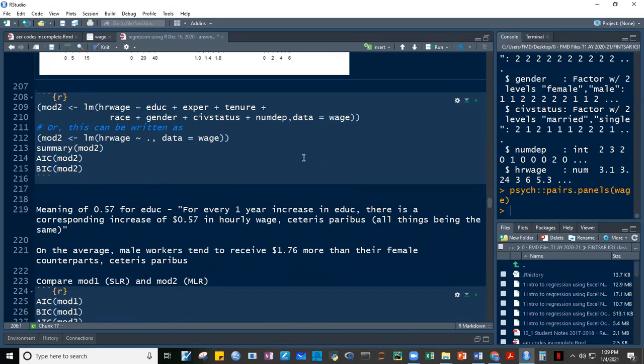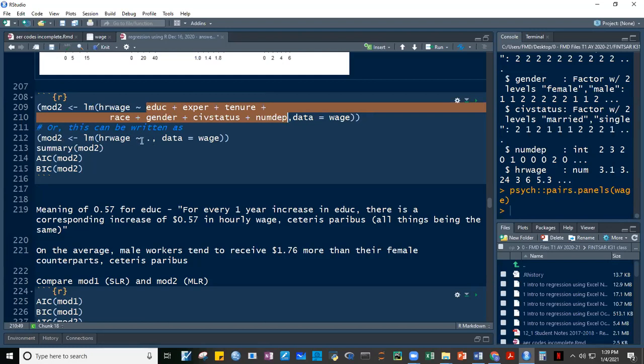Okay, mag-linear regression na tayo. And then we're creating model 2. Kanina model 1, guys. So using R, ang gagawin natin, lm pa rin. Okay, linear model with our dependent variable, and then we spell out all our independent variables. Yan. And then data is equal to wage. Tapos sabi natin, ang shortcut niyan, ito.